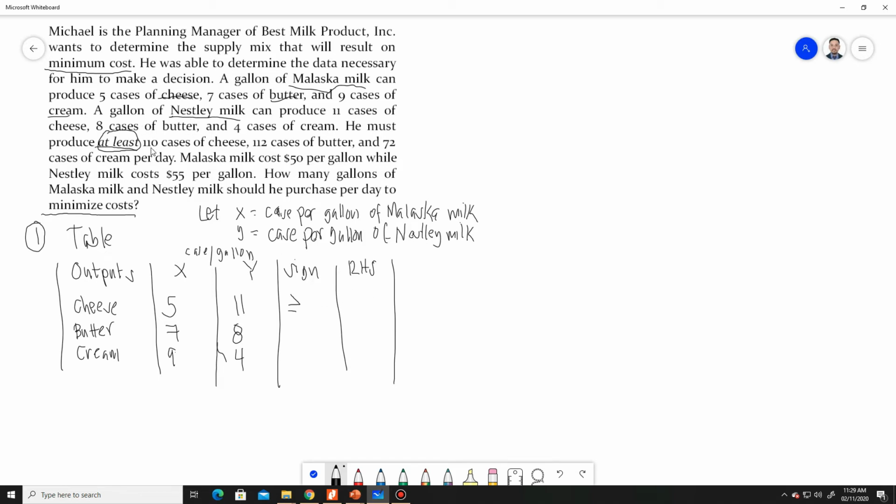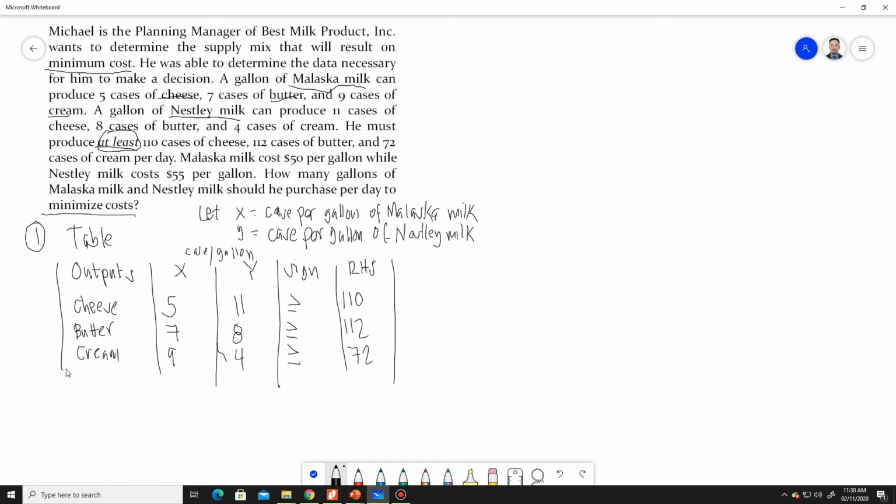So we read here, he must produce at least 110 cases of cheese. So, greater than or equal to 110. And then for butter, greater than or equal to 112 cases of butter. And for cream, greater than or equal to 72 cases.